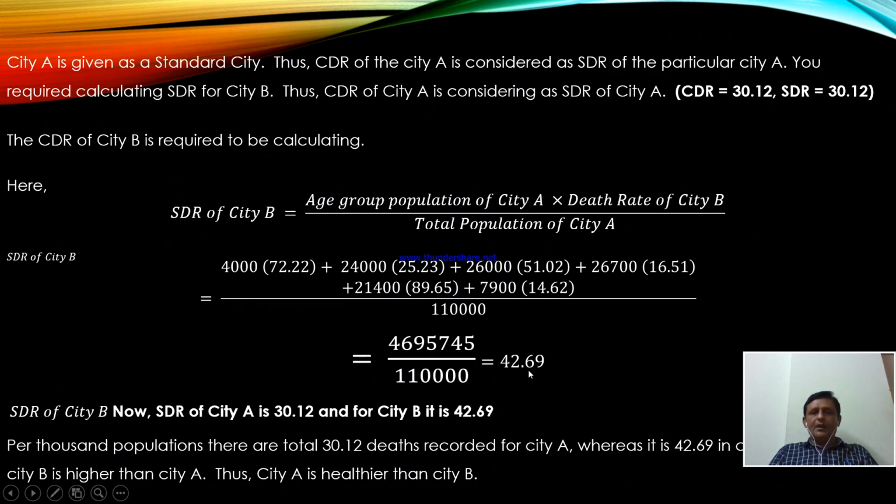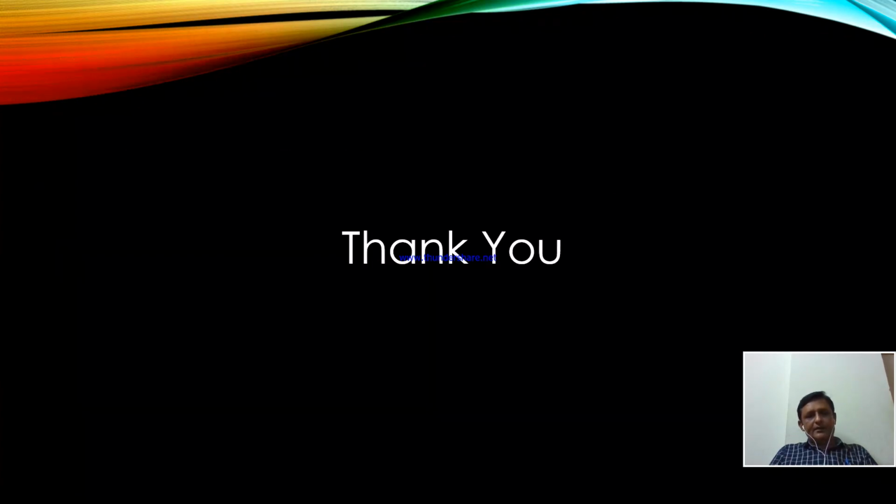That means lower death occurs in city A. Comparatively, we may state that city A is healthier than city B. So I hope you can understand these calculations well. Thank you very much, and have a great day ahead, and we'll have more discussion in the next lecture. Thank you.